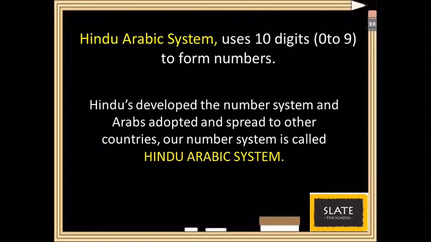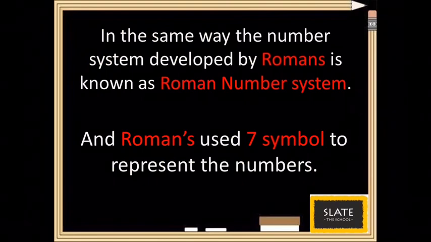As Hindus developed the number system and Arabs adopted and spread it to other countries, our number system is called Hindu-Arabic system. In the same way, the number system developed by Romans is known as Roman number system.